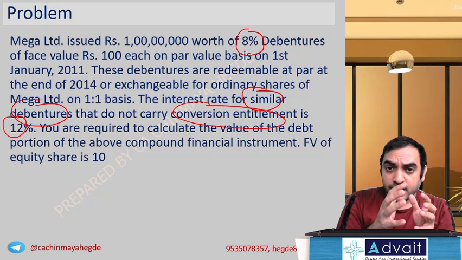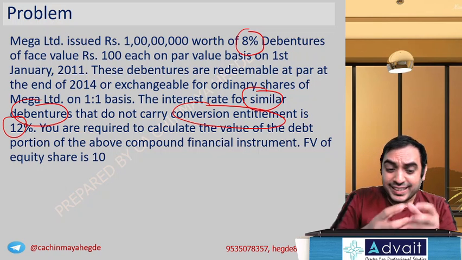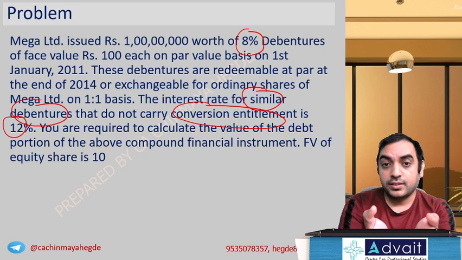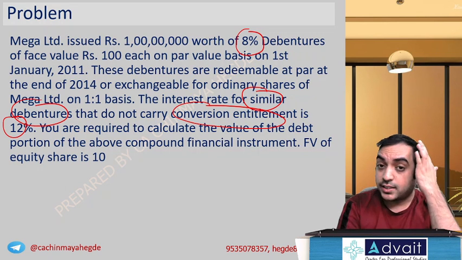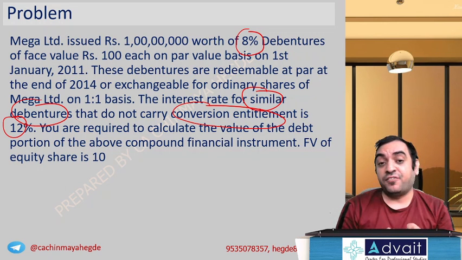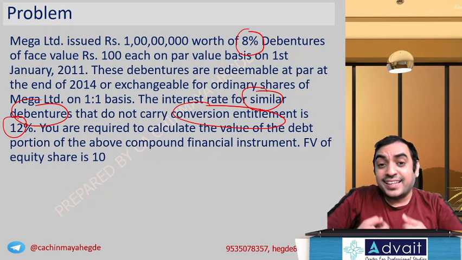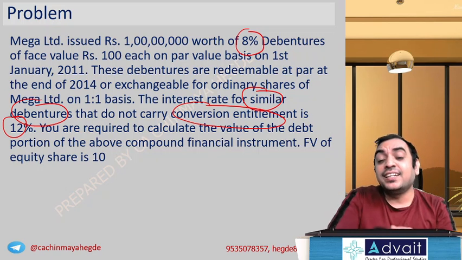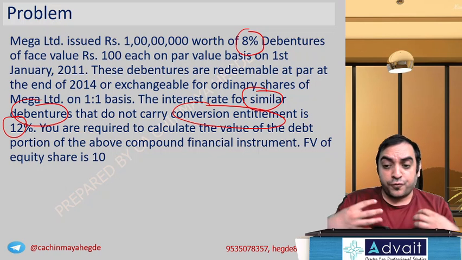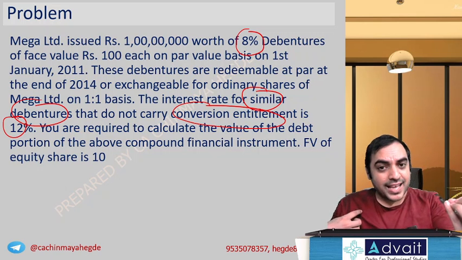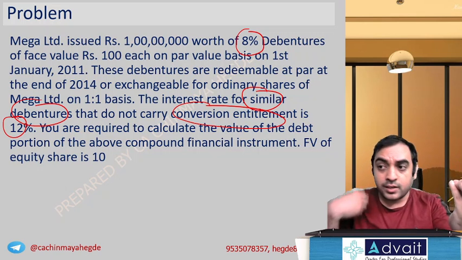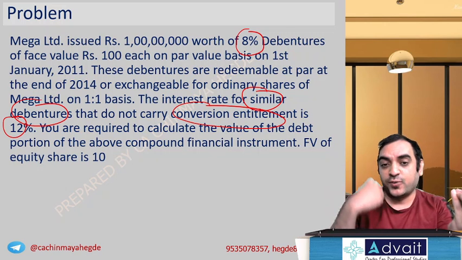From the entity's point of view, they are giving one option, one choice, and holders are getting that benefit. So holders are receiving the benefit of conversion and they are sacrificing the interest. From the holder's point of view, I'm sacrificing my interest coupon and I'm getting the benefit of conversion.